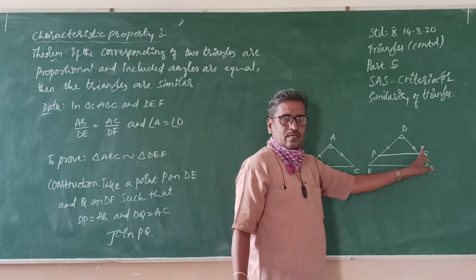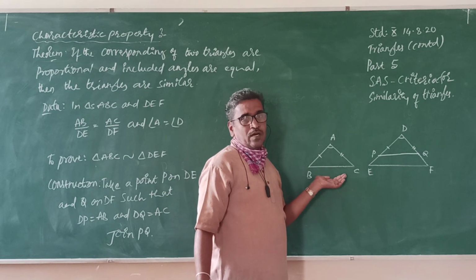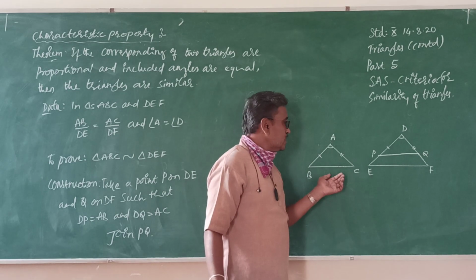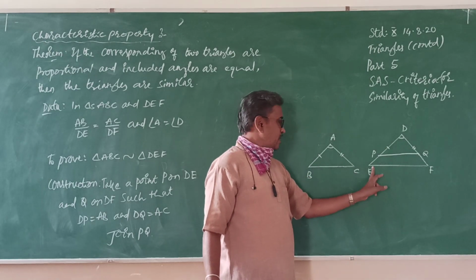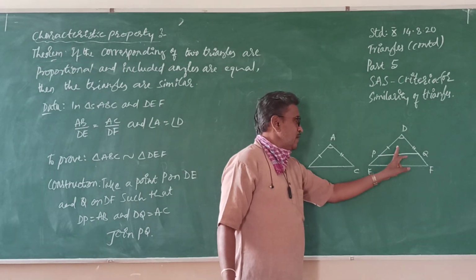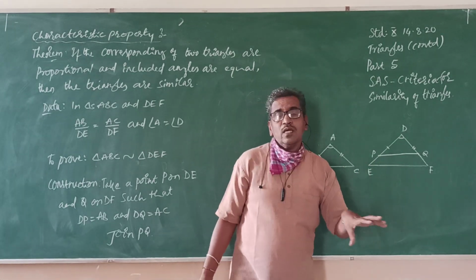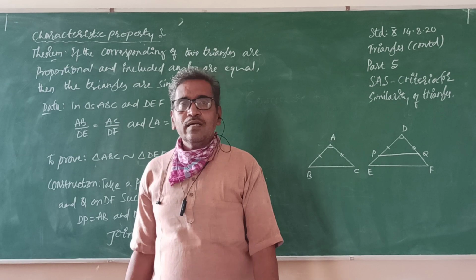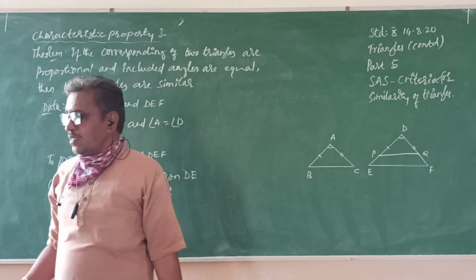So with the help of these, two sides are in proportion. Instead of that, what can you write? DP by DE; it means AB by DP, DP by DE, AB by DE. In this way, we are going to apply the criteria to show that the two triangles are similar. Let's write it in the proof.